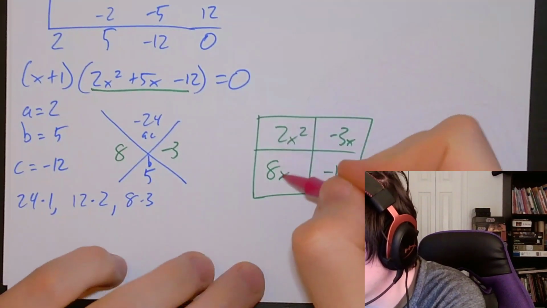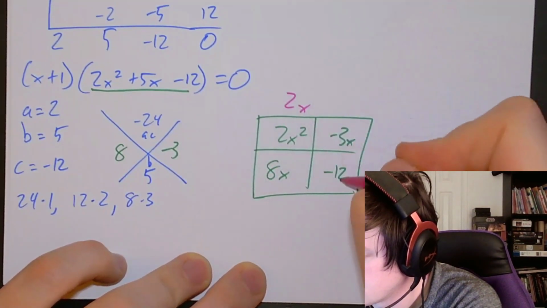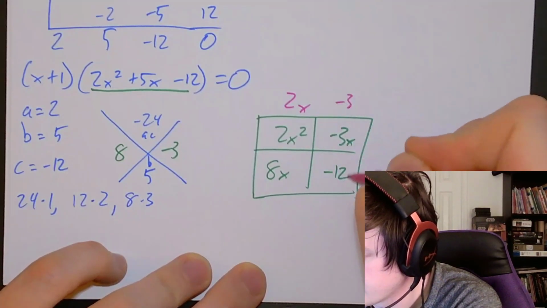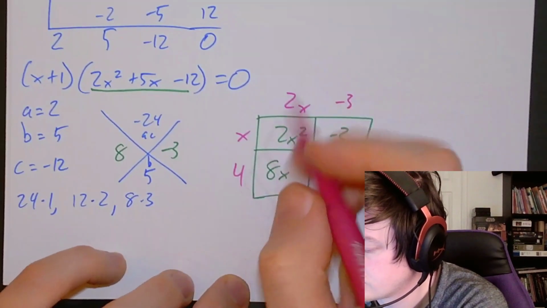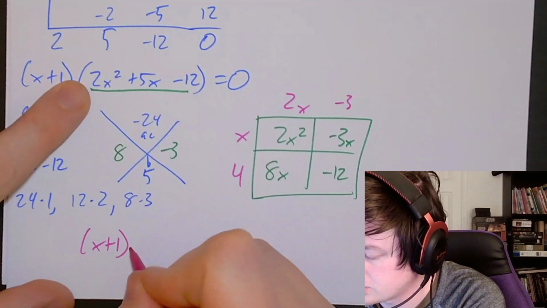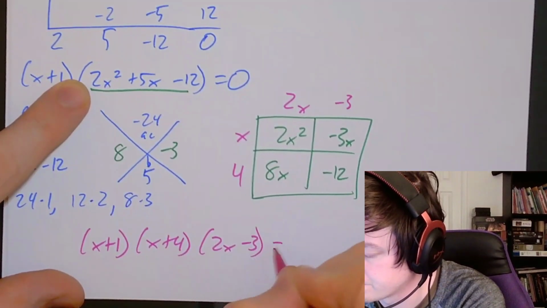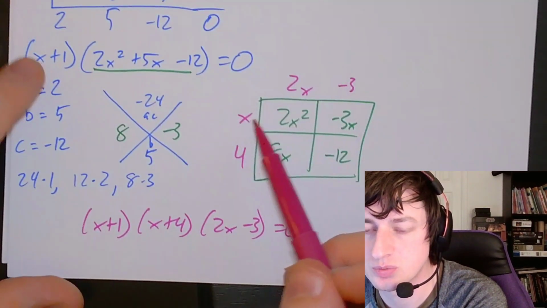So vertically here, take out a 2x, take out a minus 3, take out an x this way, take out a 4, and so we get x plus 1 times x plus 4 times 2x minus 3. 2x minus 3, x plus 4, x plus 1.